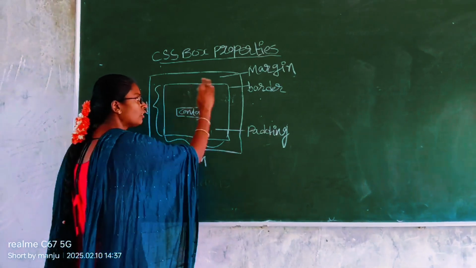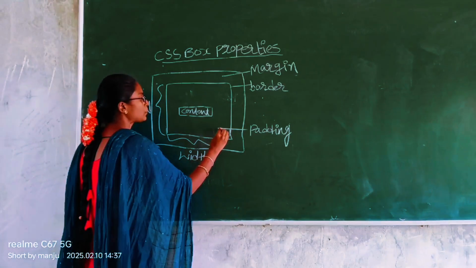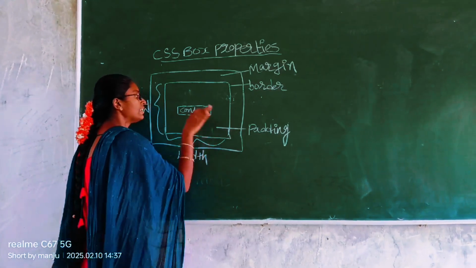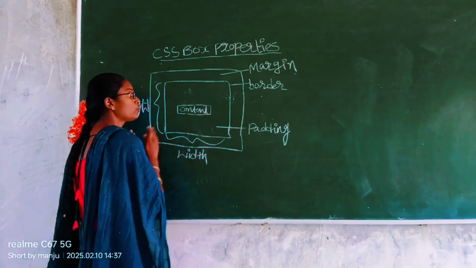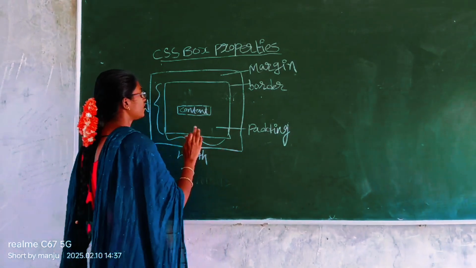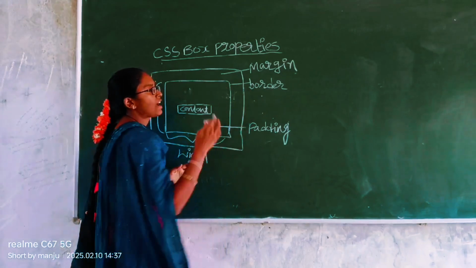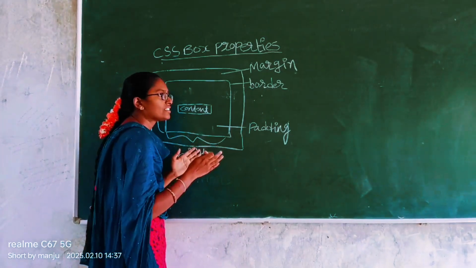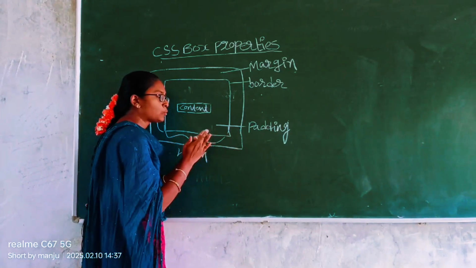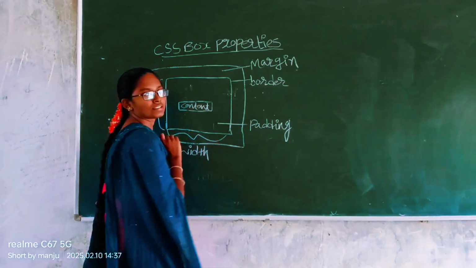All these properties are used in CSS. Padding is used for spacing inside the content. The border will be the outer layer of this content, and we can have a high border, loose border, or light border by using these border properties.